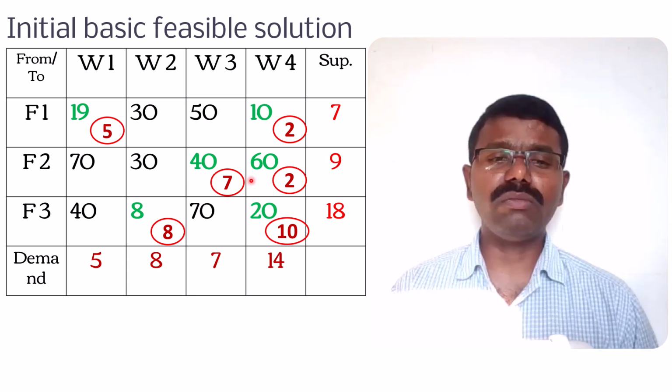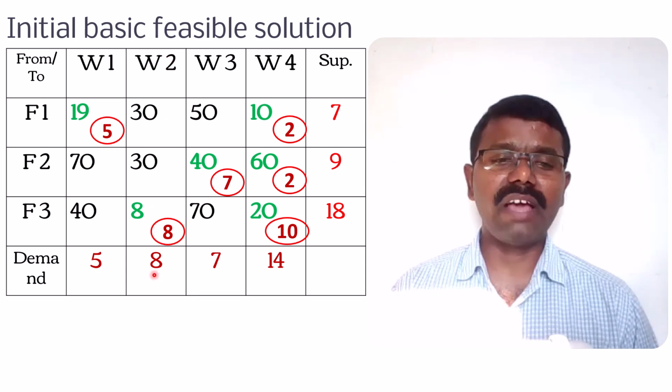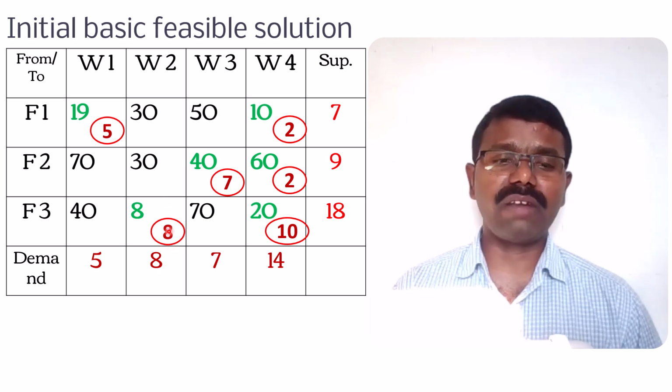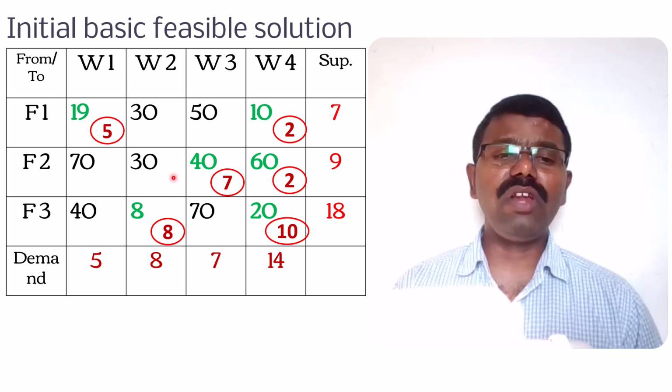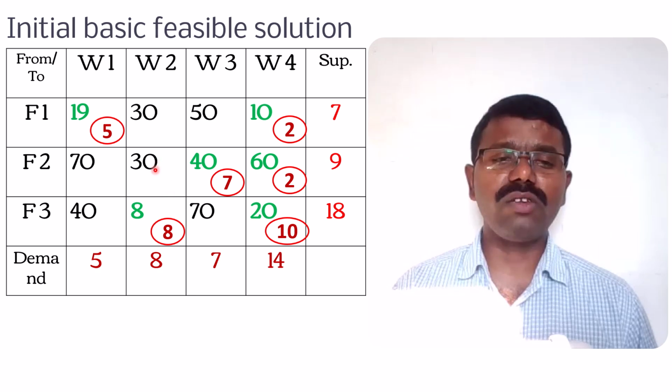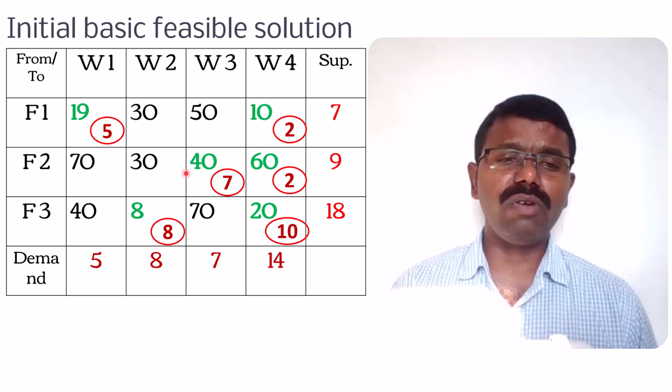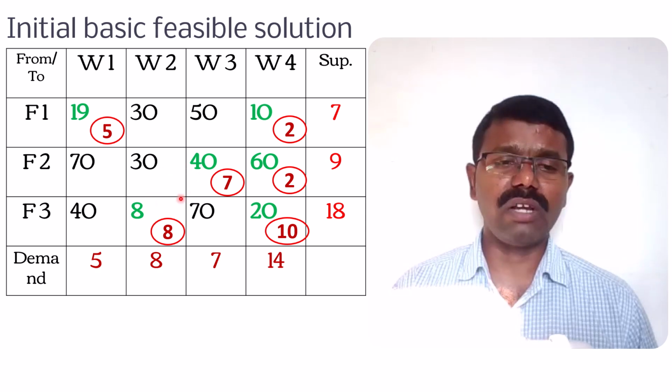If I shift these values here, again this warehouse 4 will have an imbalance because it has the 8 demand and already 8 we have given. So we need to again subtract from here. That way we need to assign some values to this cell, whatever possible value we can assign.